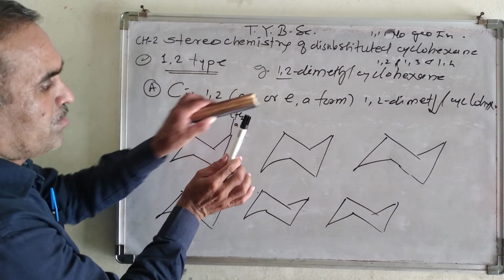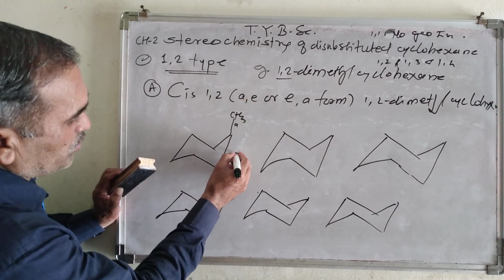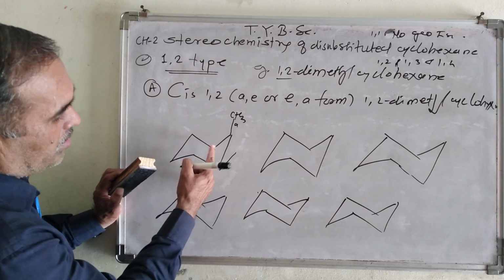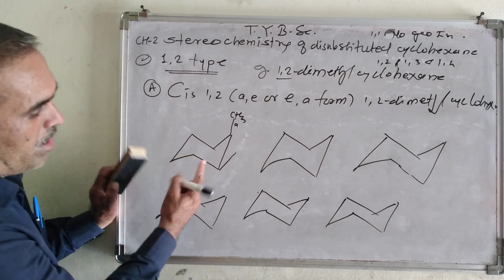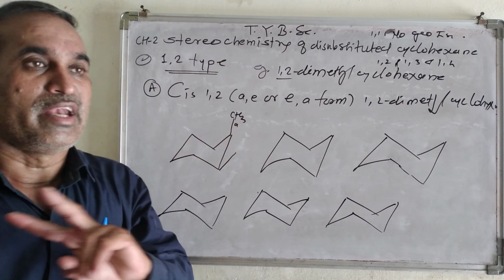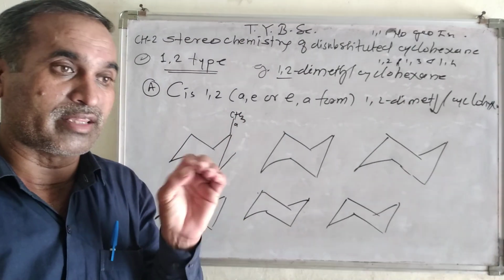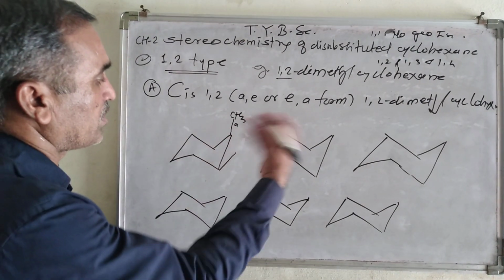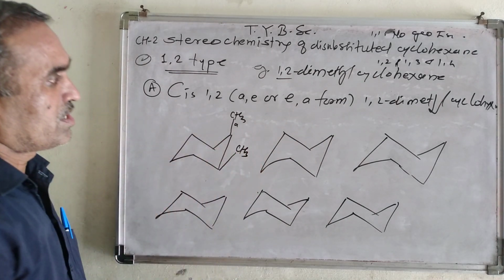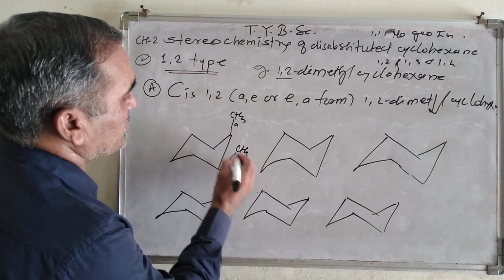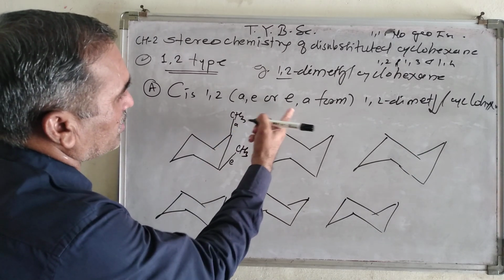And E means equatorial, and we know that equatorial bonds are drawn parallel to the 1 and 6 carbon bonds. Parallel means they never meet each other, and that type of bond is called projecting outward. So this form is called the AE form or EA form.